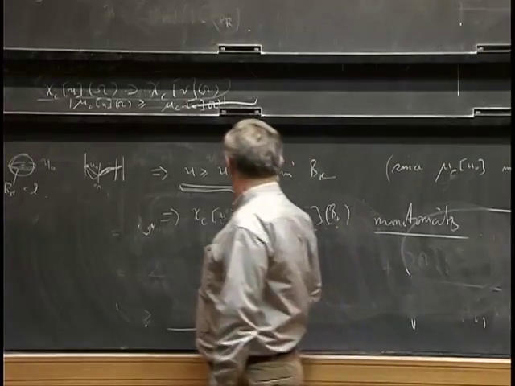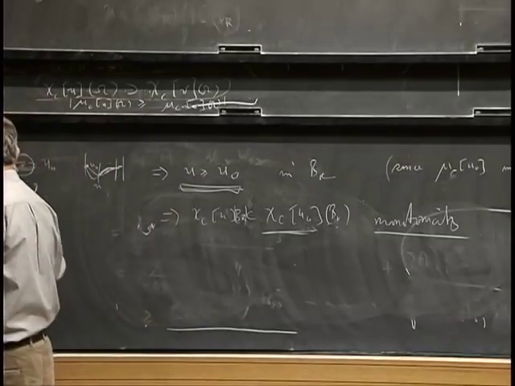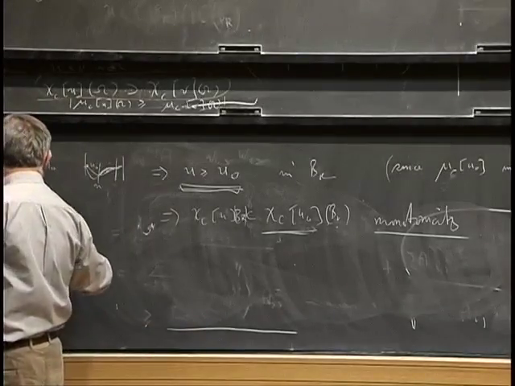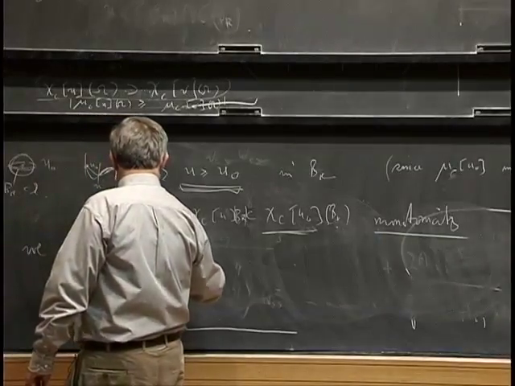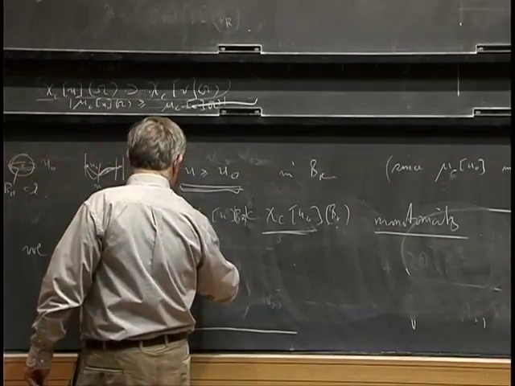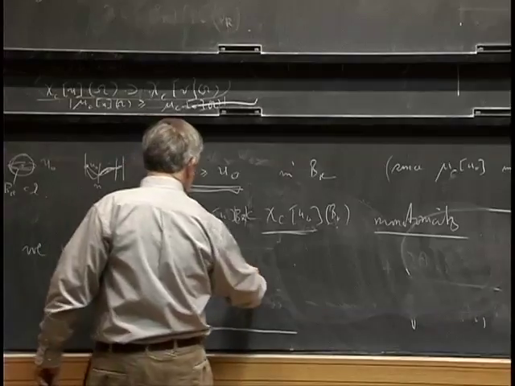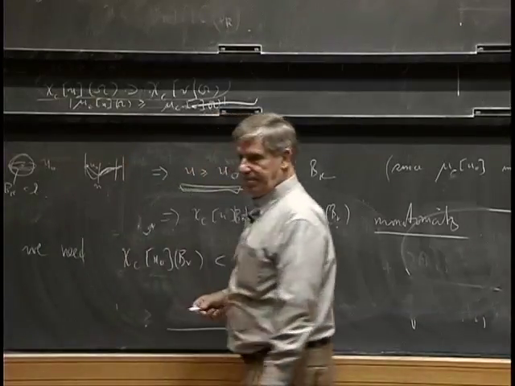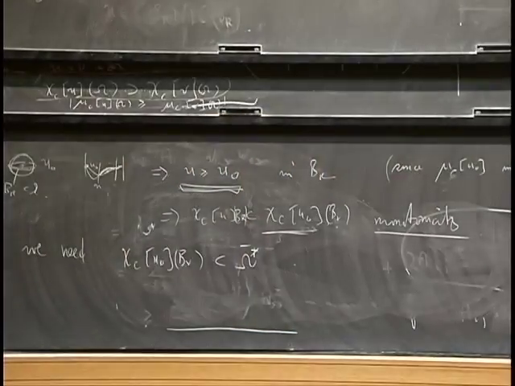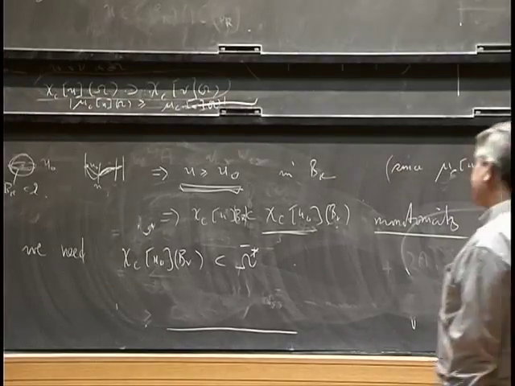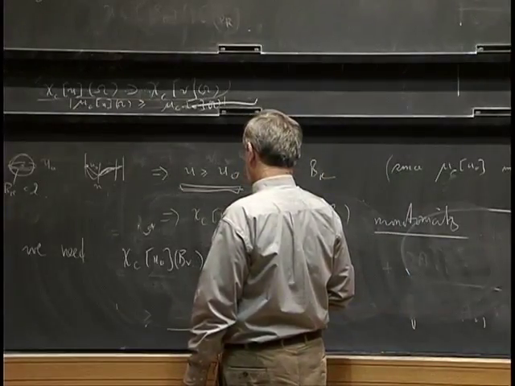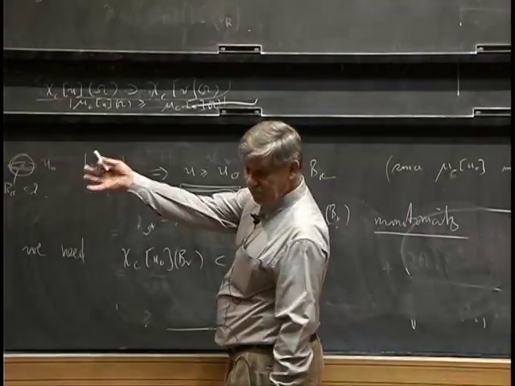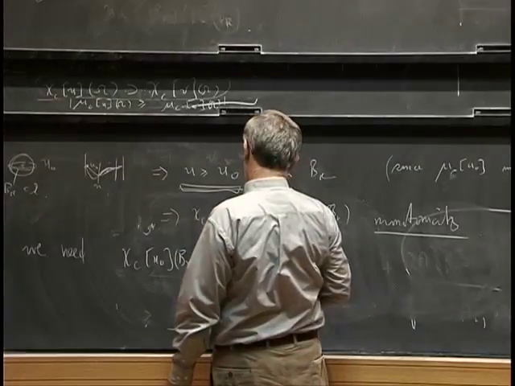So we need, therefore, hence, we need chi c of u0 over BR contained in omega star. We can take closures all the time. We need this. At the end of the day, I'll just make my G uniformly positive in omega star.